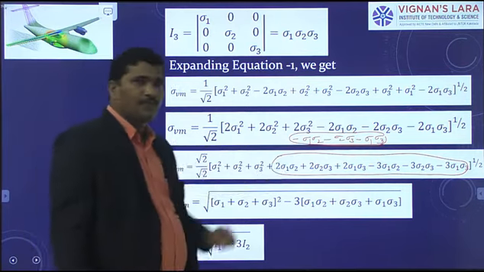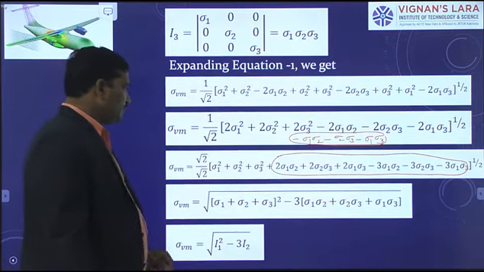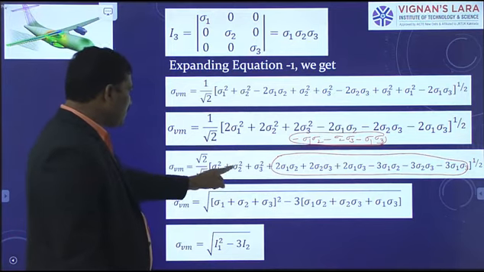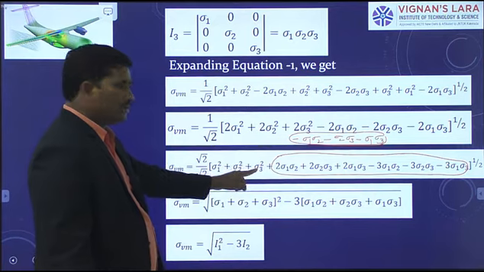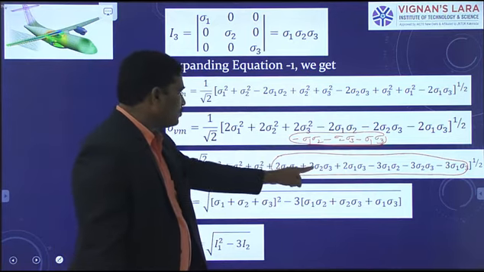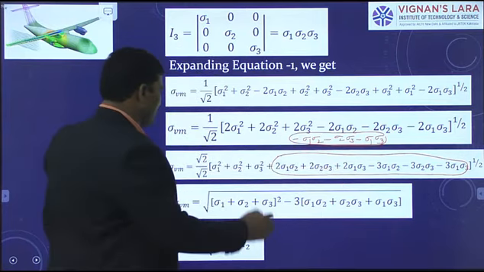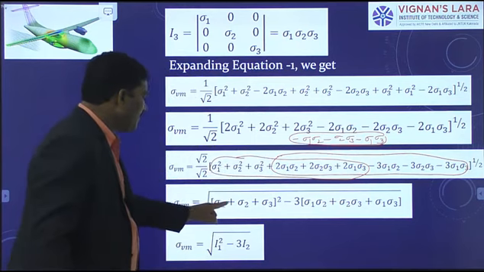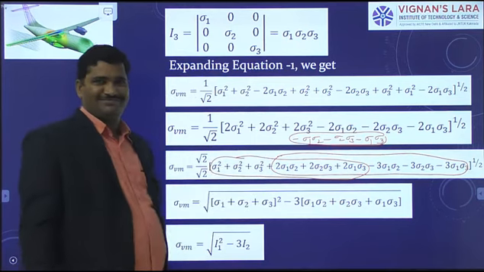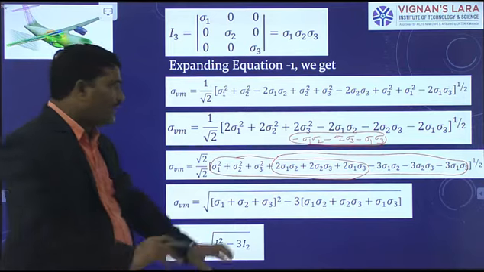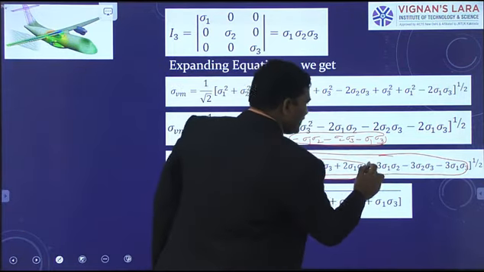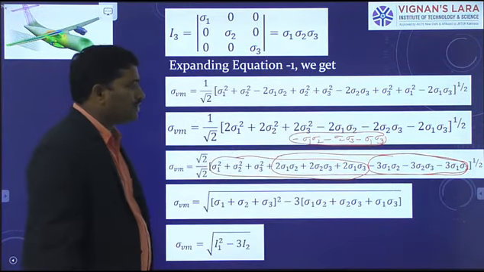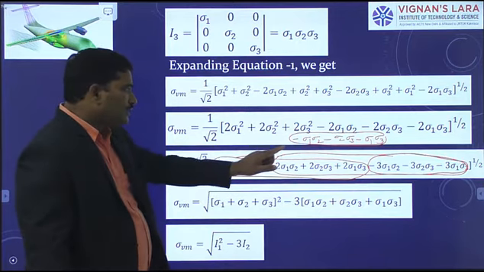Now, square root of, see here, sigma 1 square plus sigma 2 square plus sigma 3 square plus 2 sigma 1 sigma 2 plus 2 sigma 2 sigma 3 plus 2 sigma 1 sigma 3. In place of this, I can write sigma 1 plus sigma 2 plus sigma 3 whole square. And what is remaining here? Minus 3 into sigma 1 sigma 2, minus 3 into sigma 2 sigma 3, minus 3 into sigma 1 sigma 3.